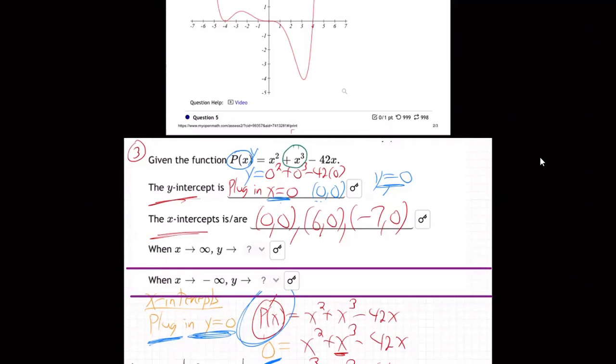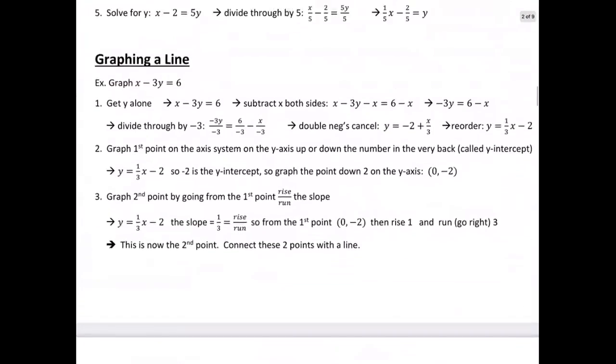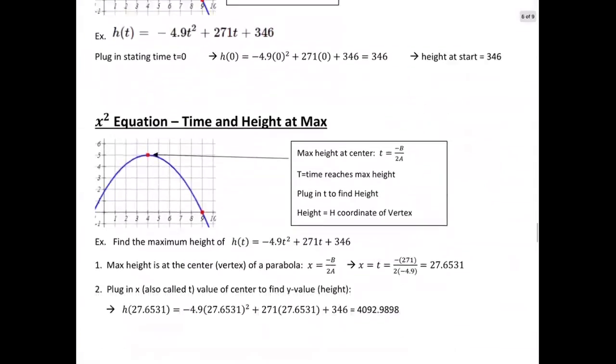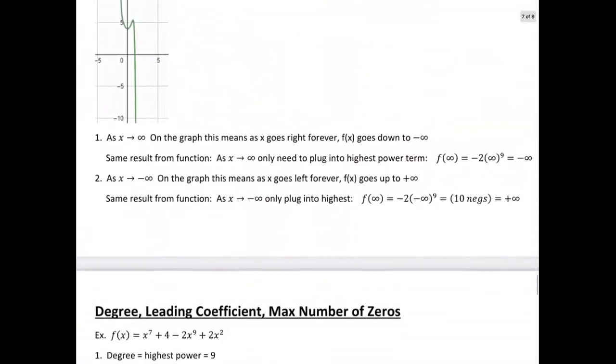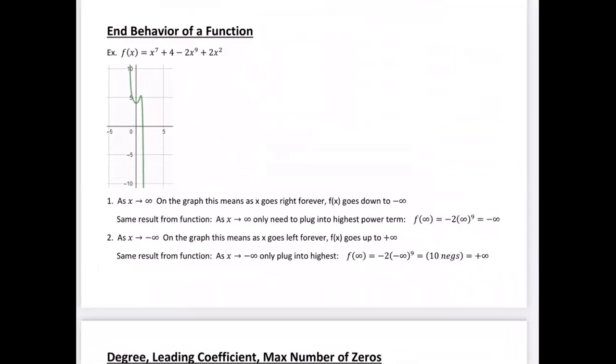So that's all that matters when you're plugging in infinity, which means you're going way off to the right. This is in the notes also. Let me show you in the notes. There it is, end behavior of a function.